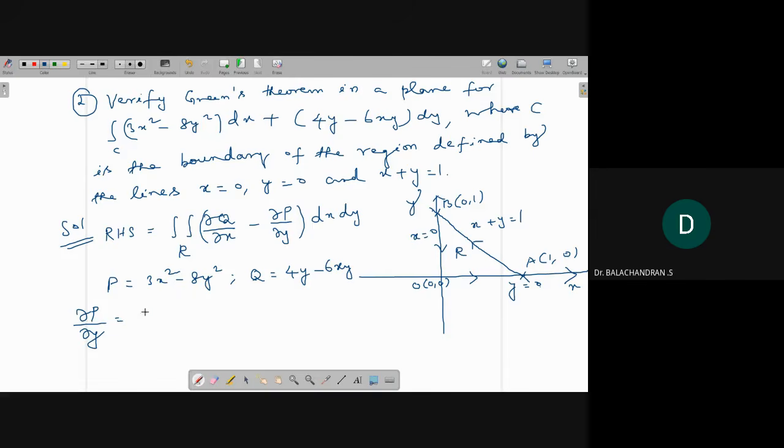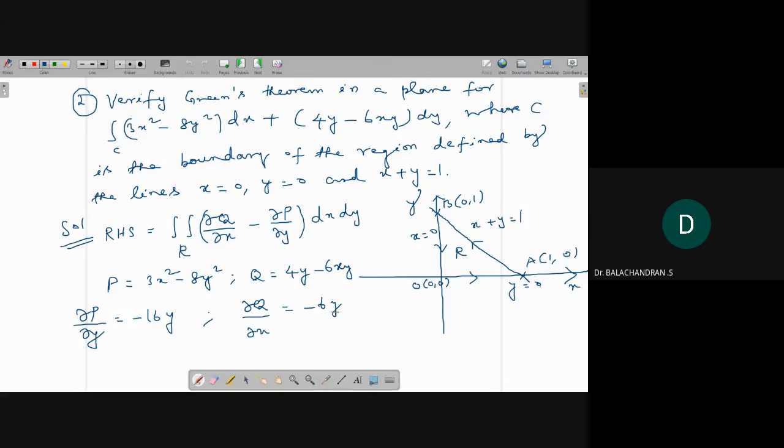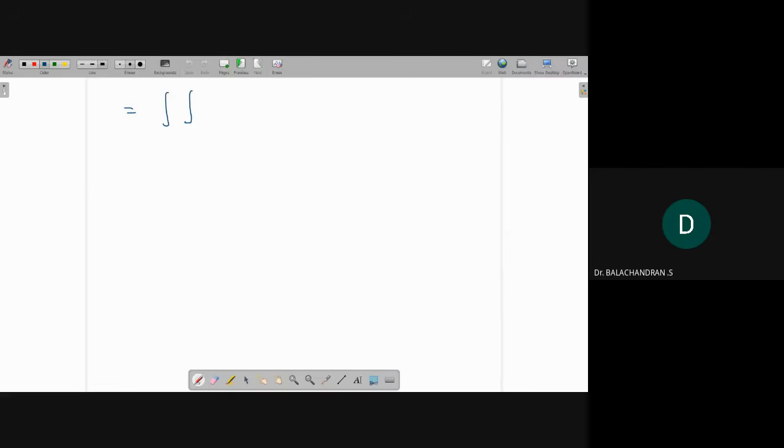Dou p by dou y is minus 16y, and then dou q by dou x, with respect to x, is minus 6y. So the right hand side equals the double integral of minus 6y minus of minus 16y, that is minus 6y plus 16y, into dx into dy.